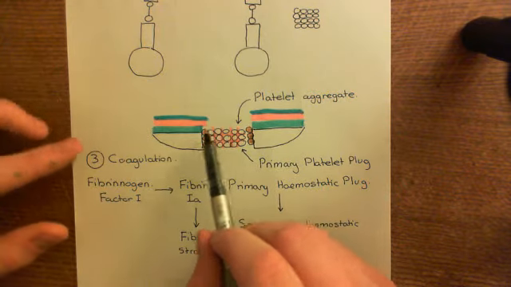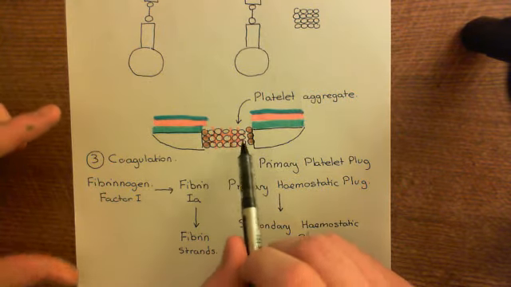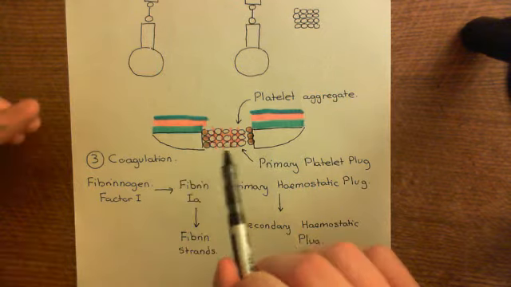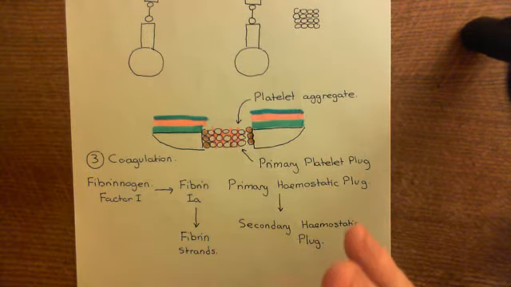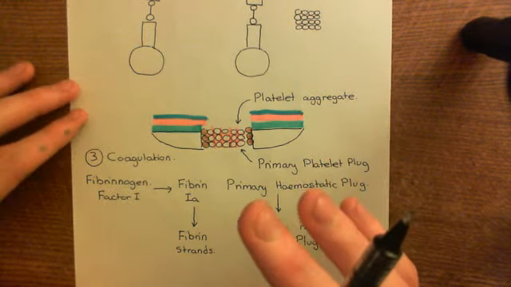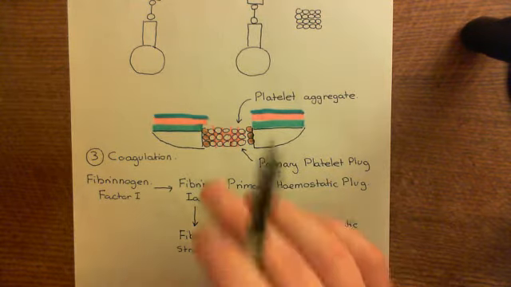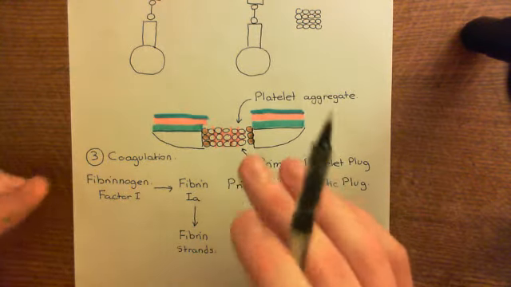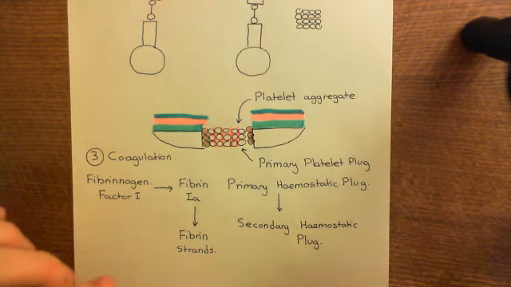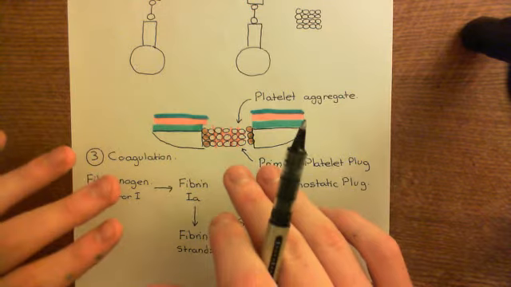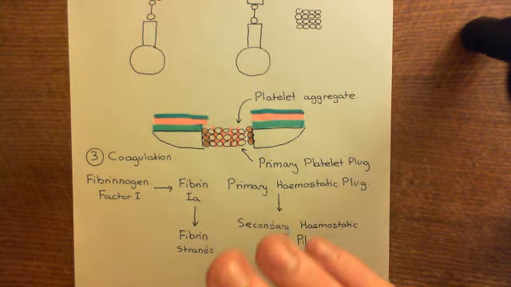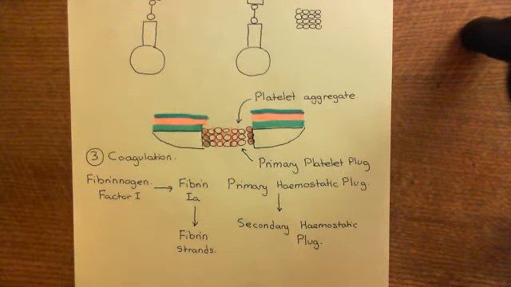So in amongst the platelet aggregate that you're forming, you're going to get all these fibrin strands intertwining everywhere, forming a very, very thick mesh that is holding this platelet aggregate together, and that then creates this secondary hemostatic plug. So the secondary hemostatic plug is an aggregate of platelets that is also hugely strengthened by an intertwining mesh of fibrin. Okay, right, so that now is the process of hemostasis.